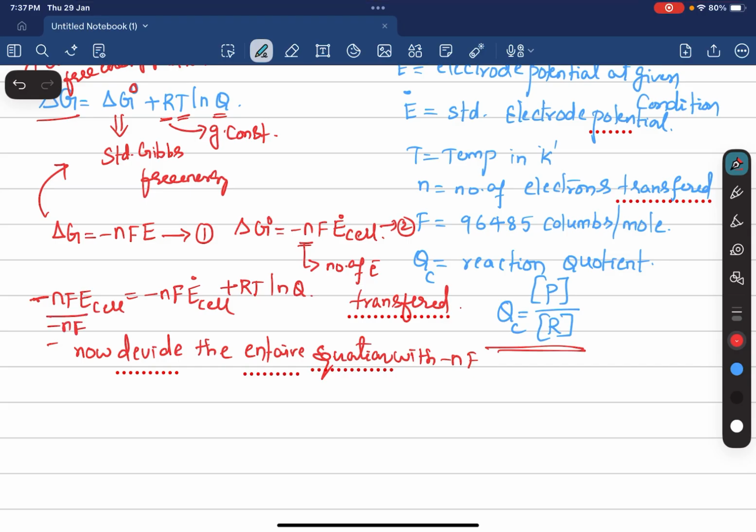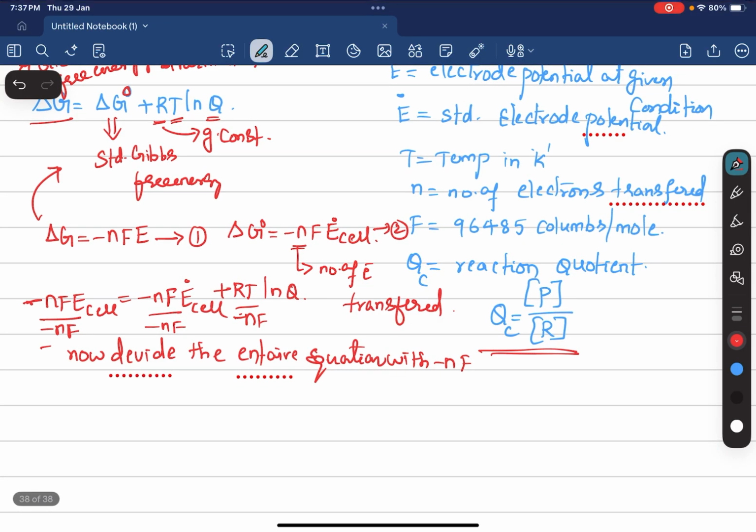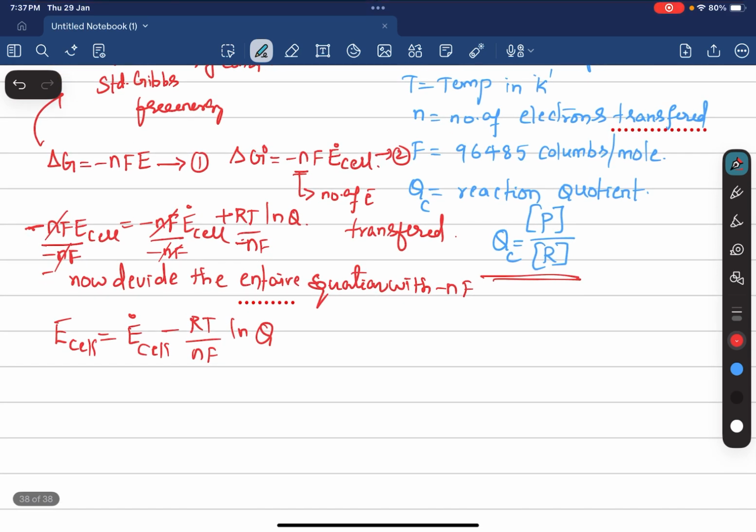Minus nF and minus nF get cancelled. The result is E cell equals E naught cell minus RT by nF ln Q. This is the equation which we get.